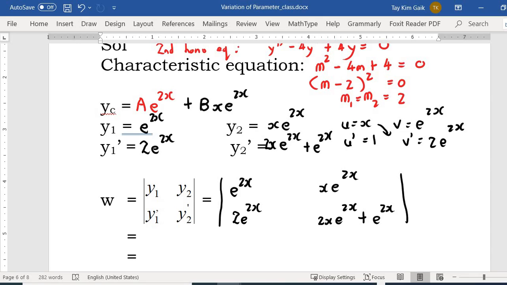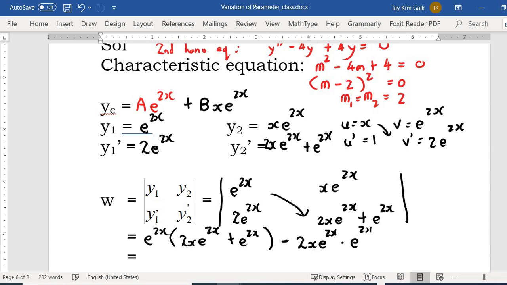You have exponent 2x, this one first, multiply 2x exponent 2x plus exponent 2x. Okay, minus the product of the other diagonal: minus 2x exponent 2x times exponent 2x. This one times this one.